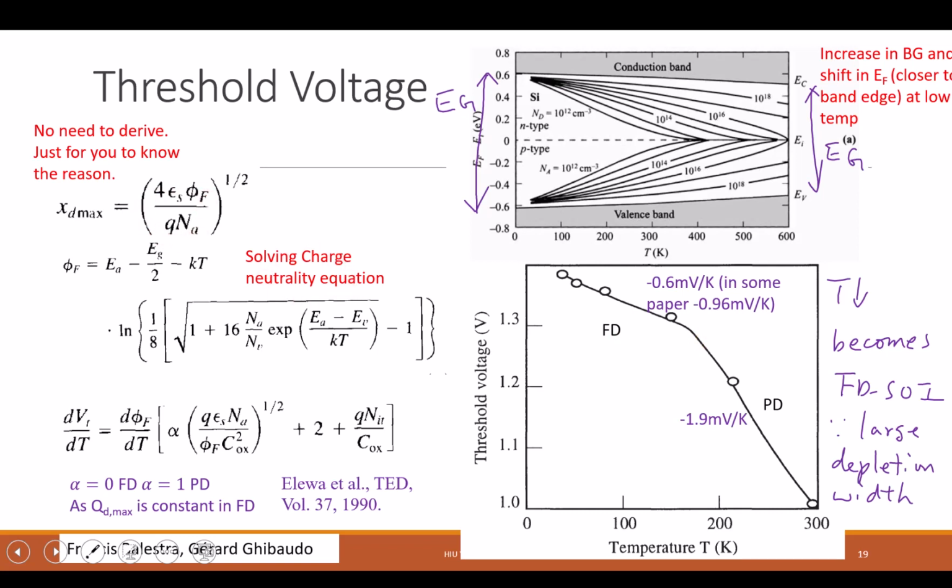You solve the equation, and then here you show how the threshold voltage changes with temperature. When you reduce the temperature, threshold voltage for bulk will also increase, but for partially depleted SOI, it increases faster, and then eventually it becomes the FDSOI. So I think I see it's 47 now.